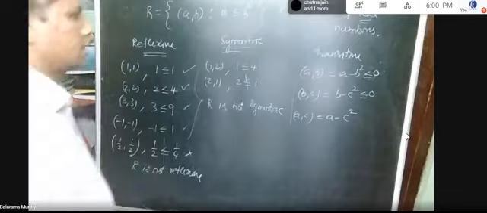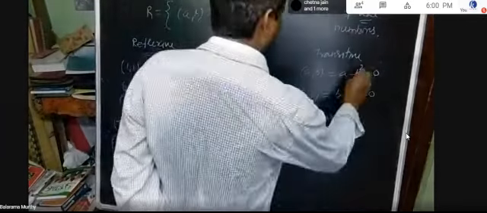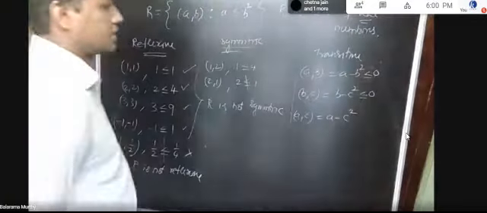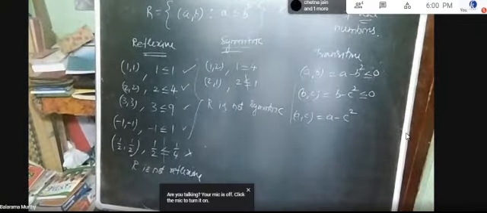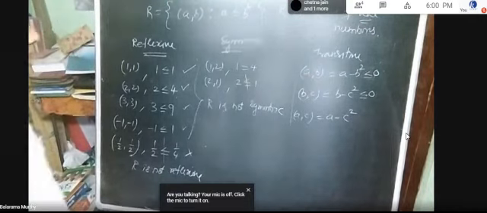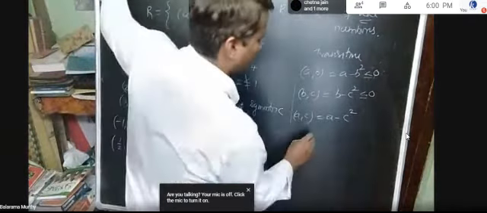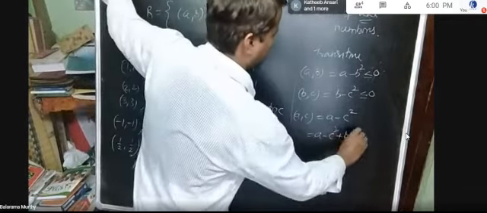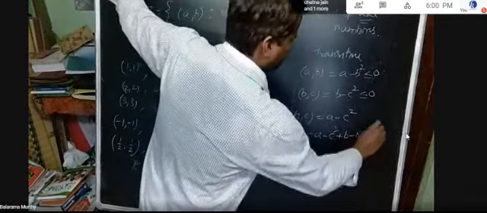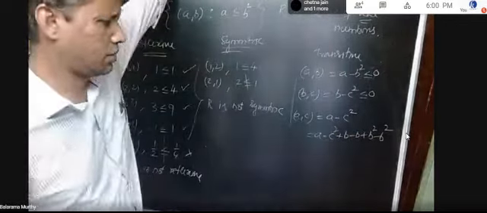A minus C square is there, but here B square and B will be there. One case is B square, another case is B. So A minus C square plus B minus B plus B square minus B square.